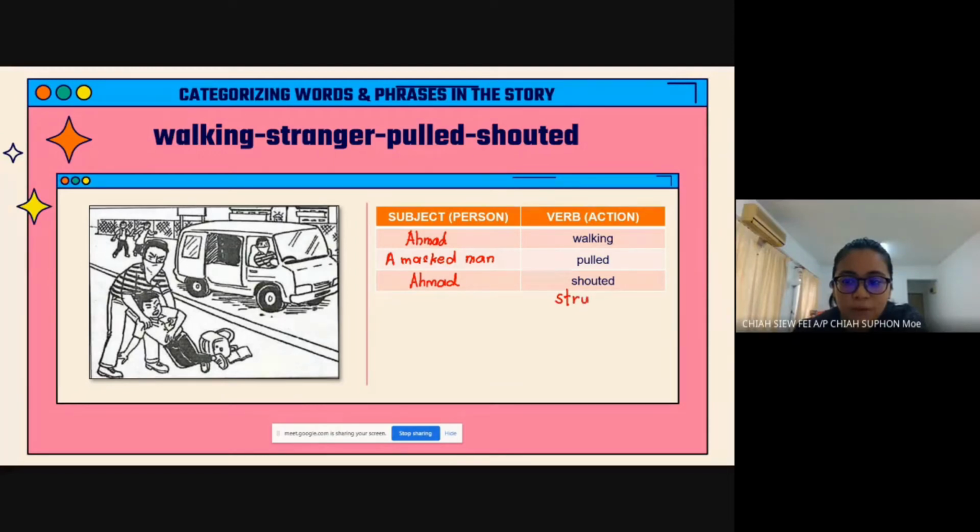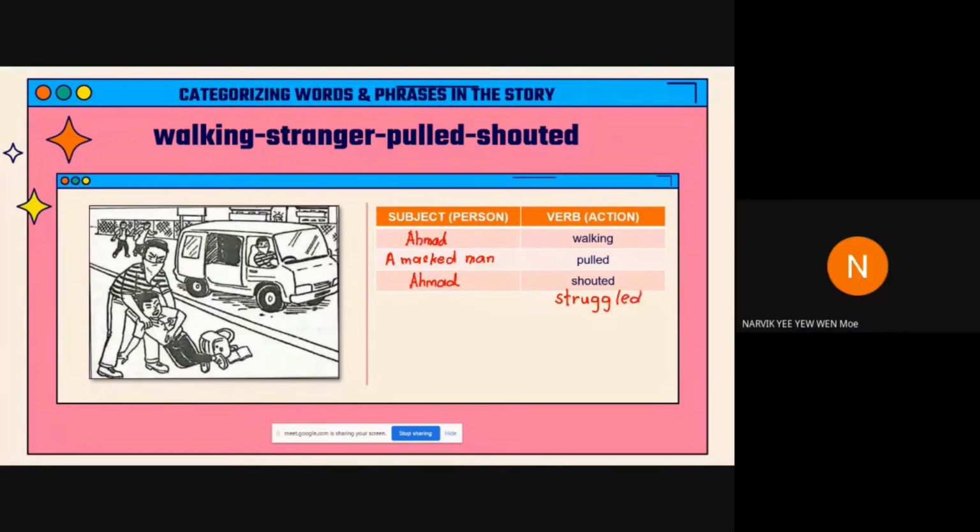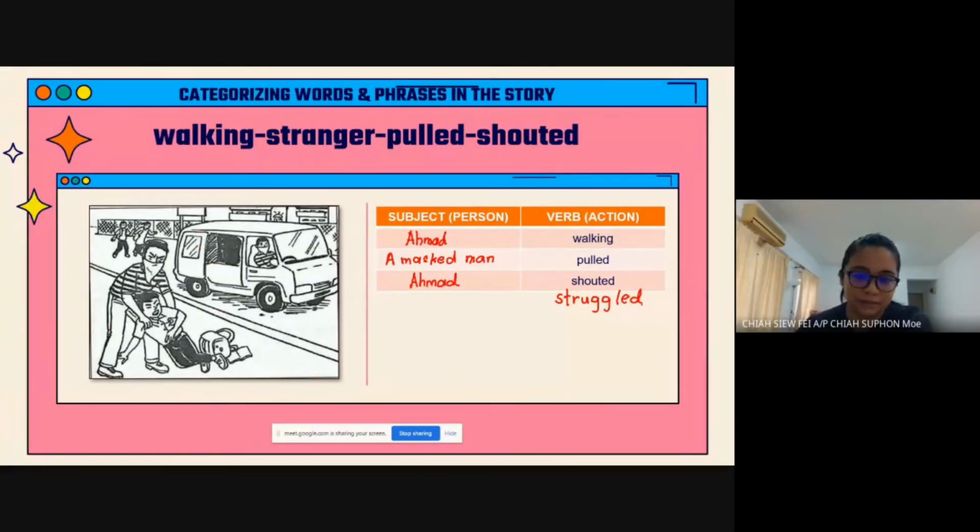The word for that is struggle. Struggle means that you're trying to let go of someone's hold on your body. This masked man is trying to pull him away, and he doesn't want to go with them, so he struggled so that he can escape.